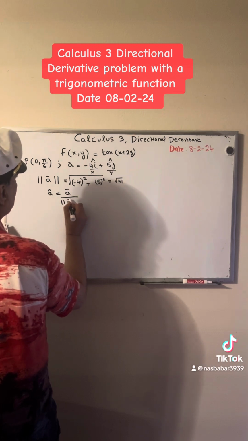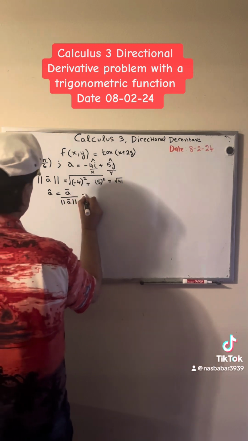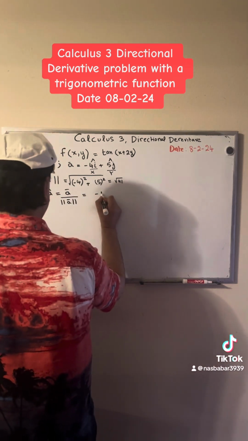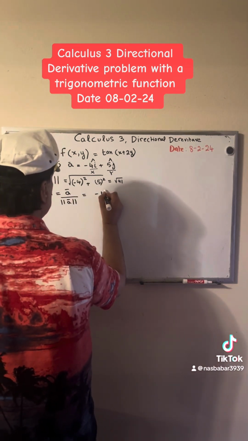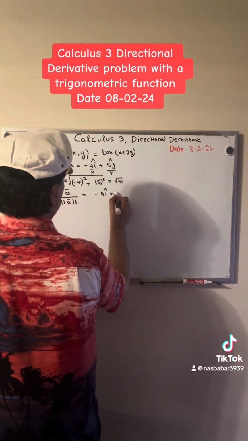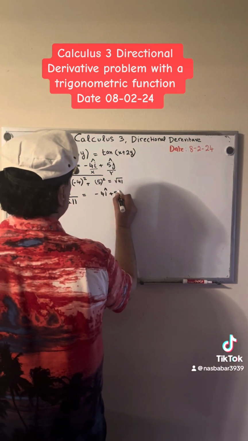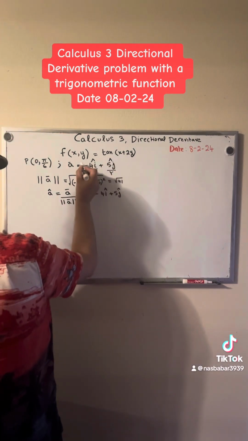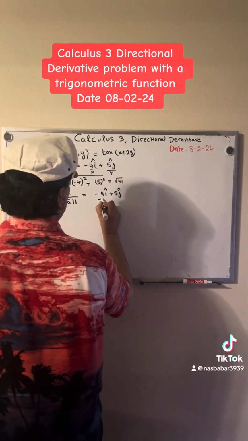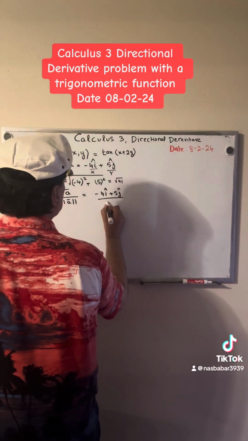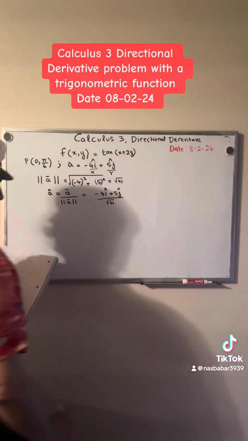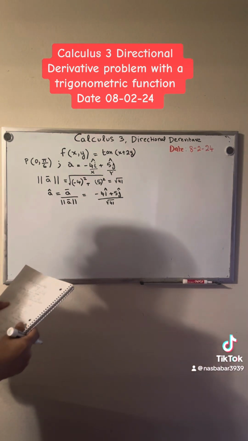This is very important for you to remember. So I take minus 4i plus 5j, basically writing this right here, divided by the length of the vector which we just calculated, the square root of 41. No questions about it.